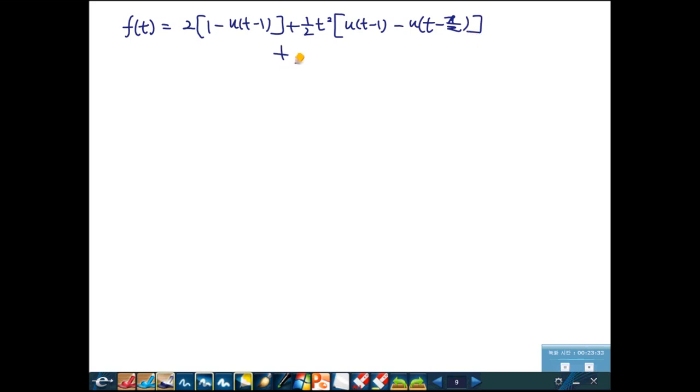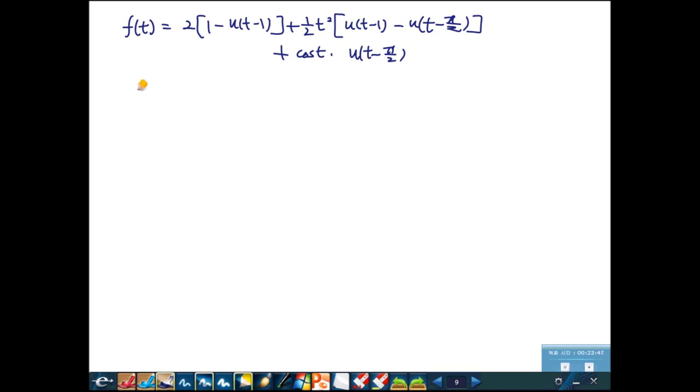So f of t was 2 times, again, 1 minus u of t minus 1, plus 1/2 t squared times u of t minus 1 minus u of t minus pi over 2, plus cosine t times u of t minus pi over 2.